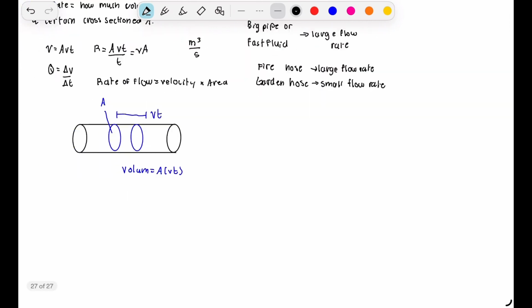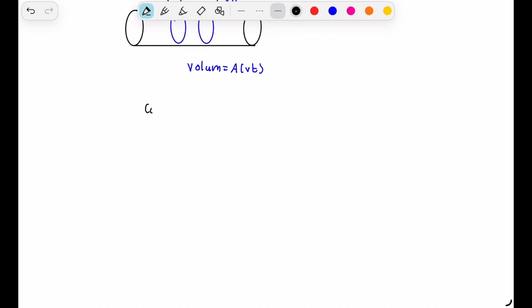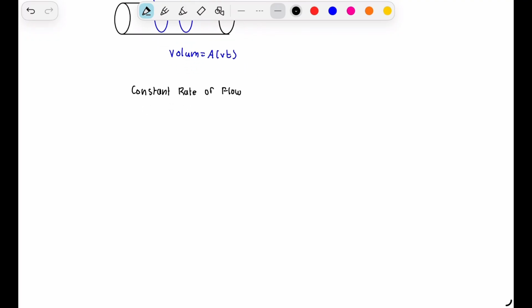Now, what about when you have constant rate of flow? So for an incompressible, frictionless fluid, our velocity increases when your cross section decreases.